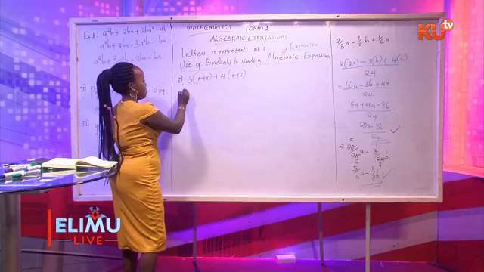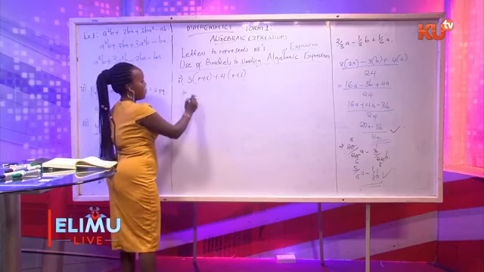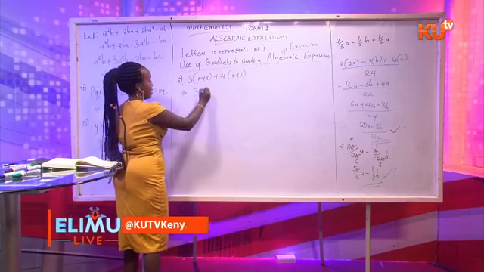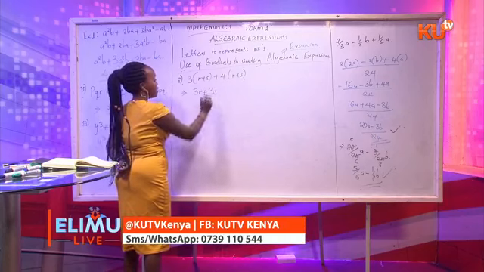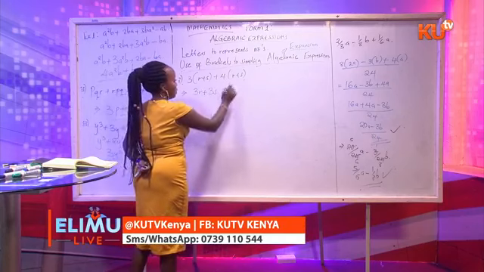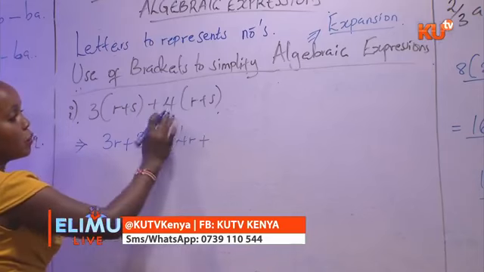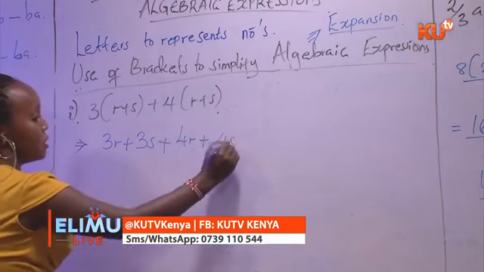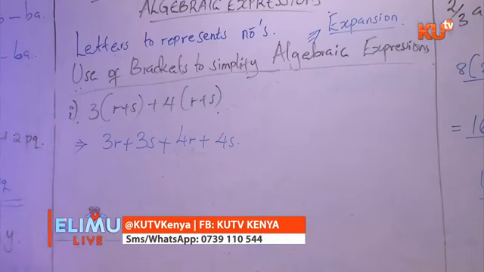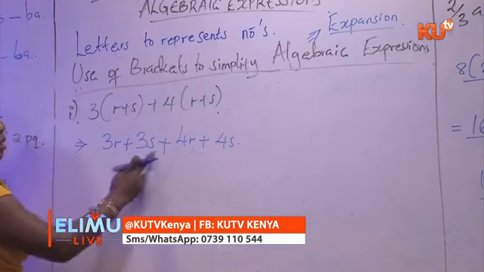If we open brackets here, this will be 3r plus 3s, and then plus, we open brackets there, 4 multiplied by r, this will be 4r, and then plus 4 multiplied by s, this will be 4s. And then from there we collect like terms. We have an r here and an r there, s and s.